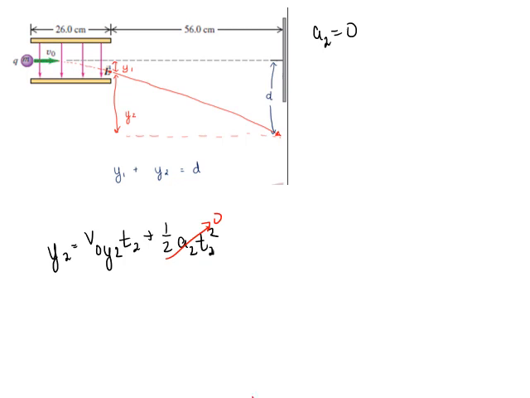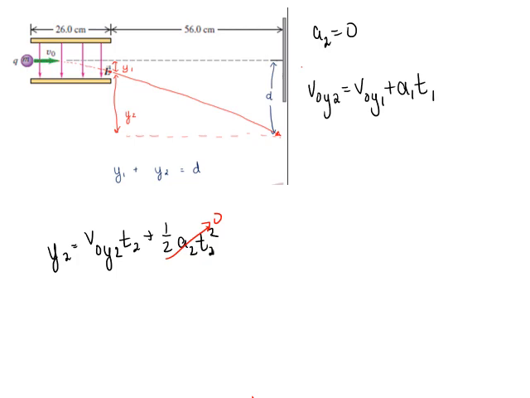v0y2 is the y component of velocity when the charge leaves the area of the electric field. So v0y2 is equal to v0y1, when it starts in the electric field, plus the acceleration in the field times the time it spends in the field.